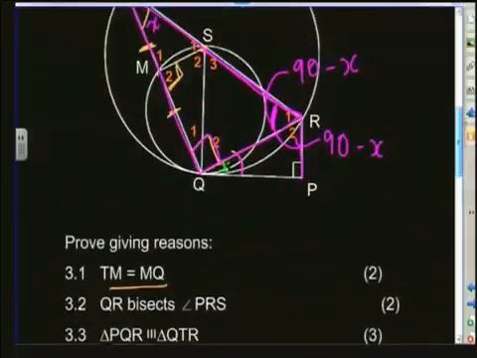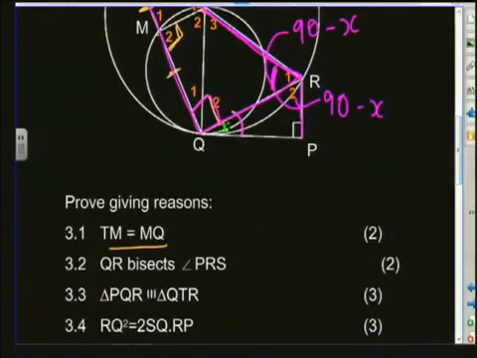All right. Okay, let's move on to question 3.3. Here you are asked to show that triangle PQR is similar to triangle QTR. Now guys, remember the way to show that triangles are similar in this specific type of case where you aren't given any ratios, you show that triangles are similar by proving they are equiangular.